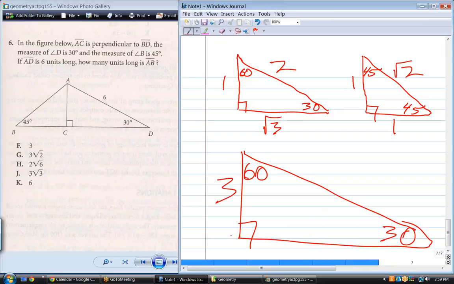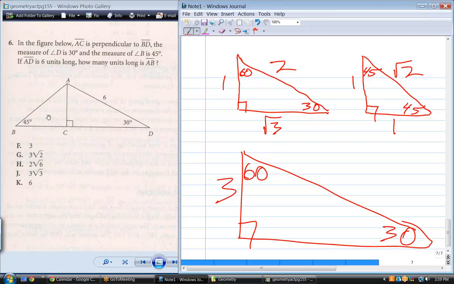Okay. Now that we know AC is 3, let's look at this 45, 45. In other words, we also know this angle's 90 degrees, right? Well, if that's a 45, 45 right triangle, and this side is 3, they want to know what the hypotenuse is.